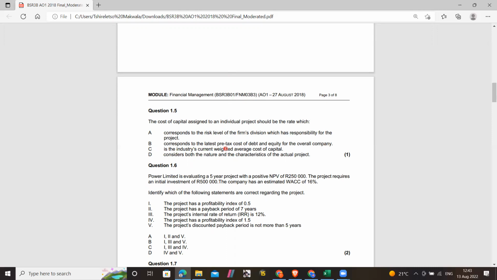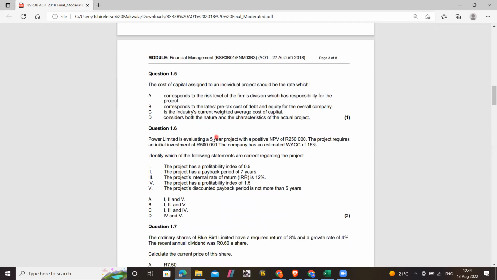When they talk about industry weighted average, they're talking about the weighted average of all of the companies in that industry, and that's wrong because they say the cost of capital assigned to an individual project. So it's the cost of capital for that entity, so it considers both the nature and characteristics of the project, right? So it's very important to note these words that they use, project, division, and yeah, it's very important to note them. Okay, we can continue.